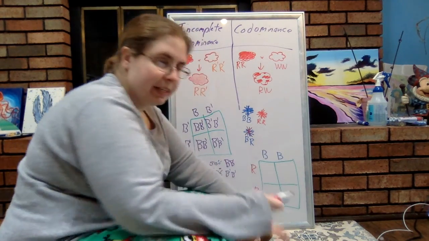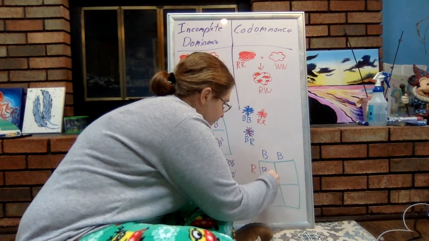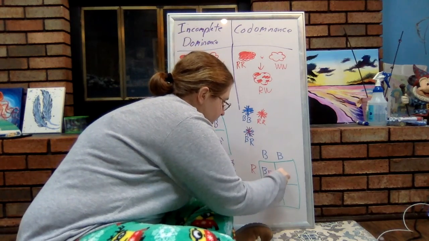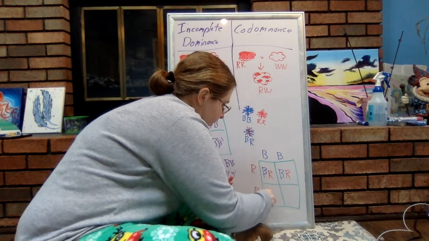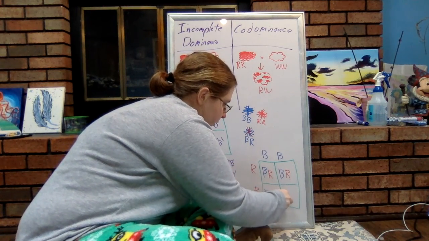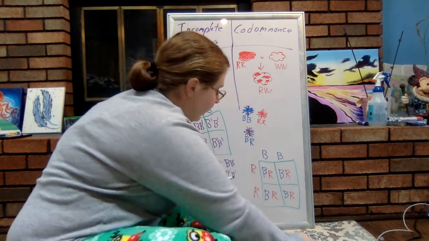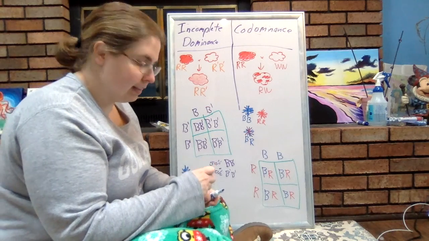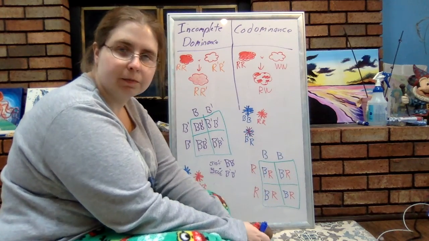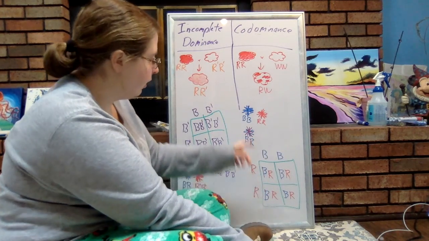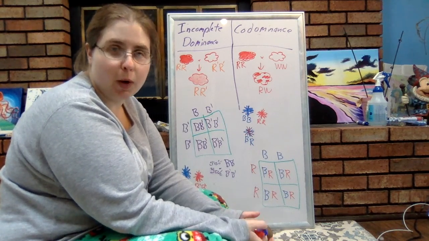And what we're going to end up getting, drop the B, bring the R, drop the B, bring the R, drop the B, bring the R's, and we end up with all of the boxes, 100% chance of the offspring having the genotype BR, which means that the offspring of this blue and this red alien are going to be blue and red.